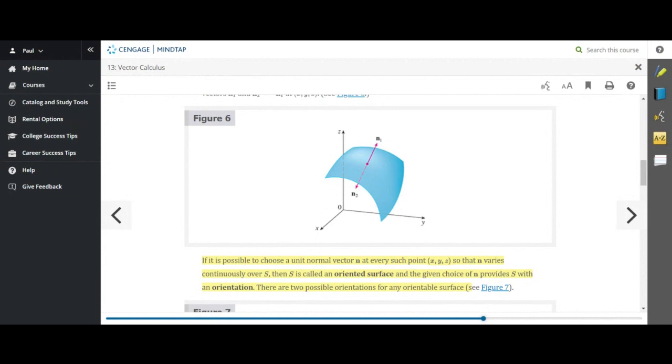And the given choice of the vector n provides our surface with an orientation.